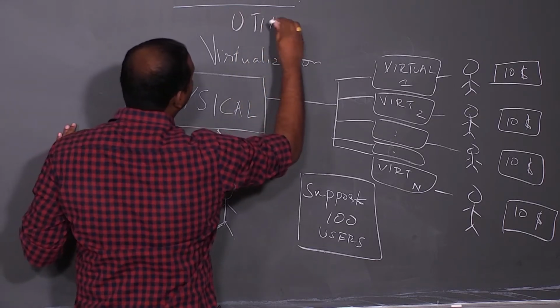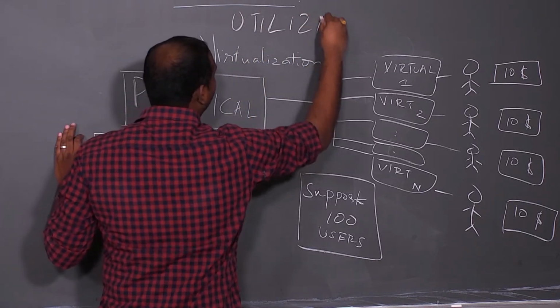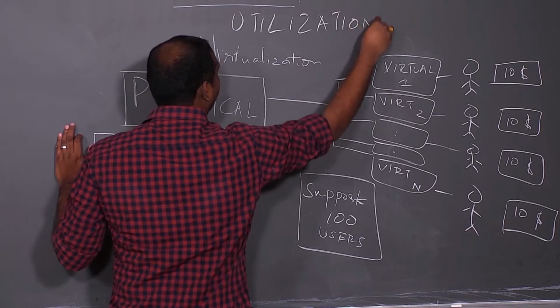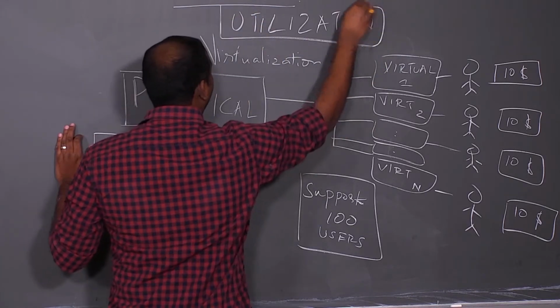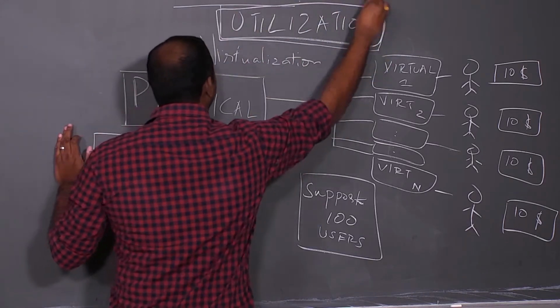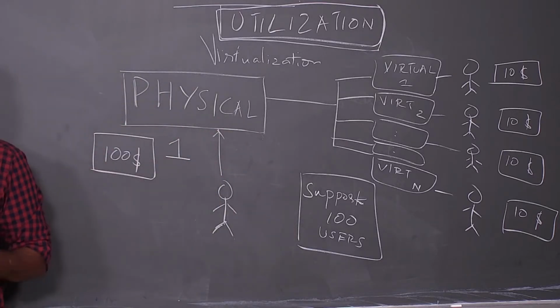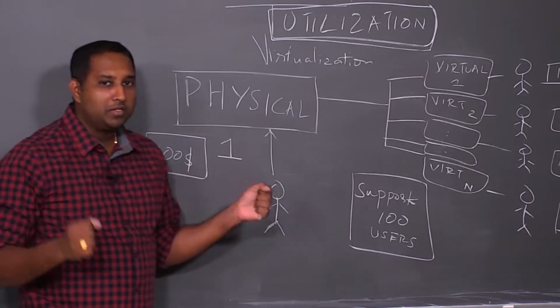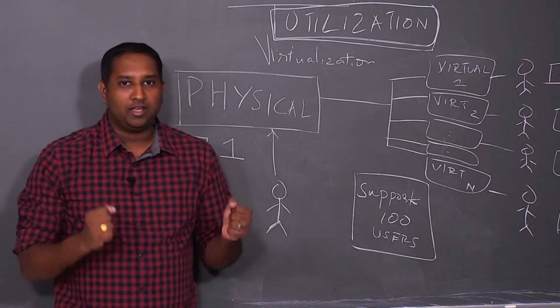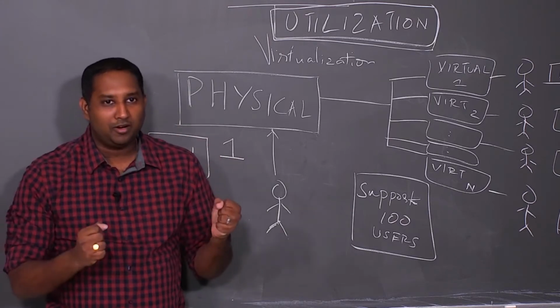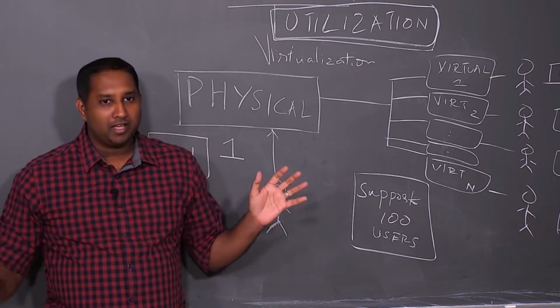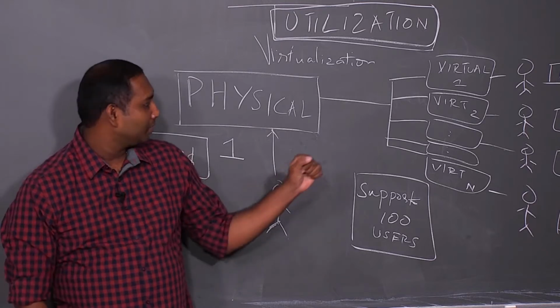Utilization. And we'll keep coming back to this again and again, right? Why do we virtualize? To increase utilization, right? So you should get that into your head. That's really the thing driving all of virtualization, right?